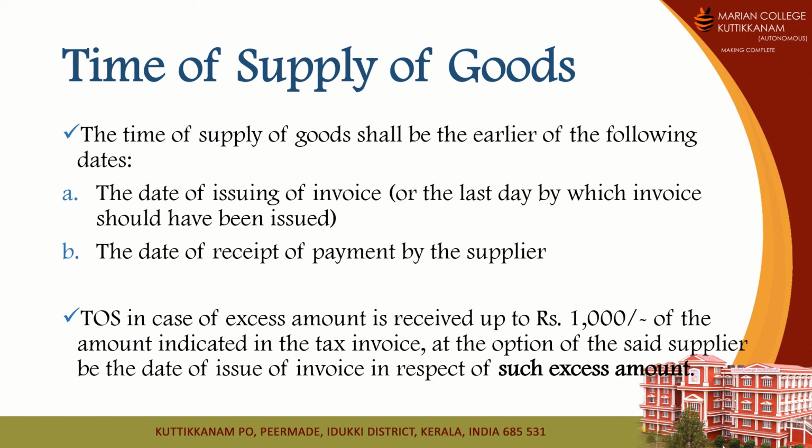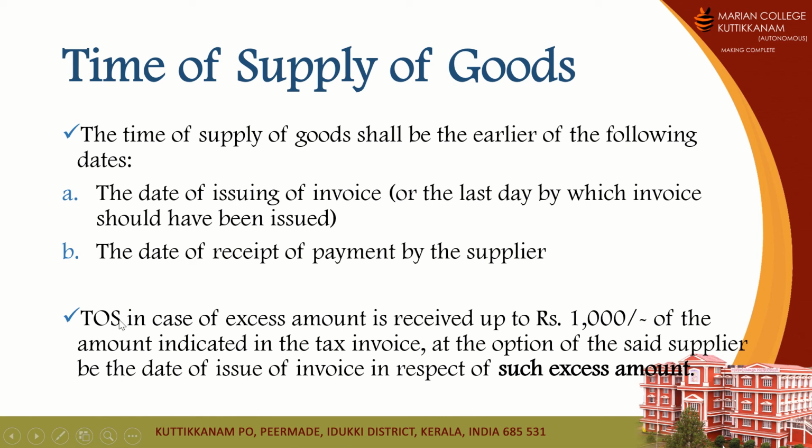For the invoice amount, we will determine the time of supply keeping in mind these two conditions, whichever is earlier. And if there is an excess of up to rupees 1,000 over the invoice amount, then for that excess amount, time of supply will be determined as the date of issue of invoice. I hope this is clear.